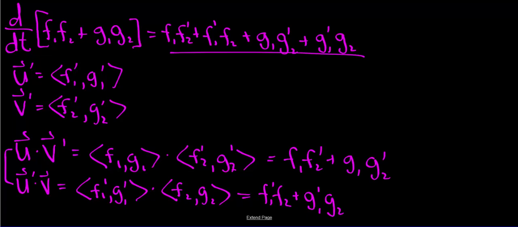So let's rewrite it up here. Now notice, if I add these two things together, I've got f1 f2 prime. And then I've got f1 prime f2.